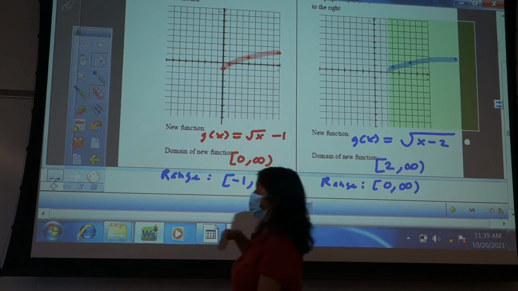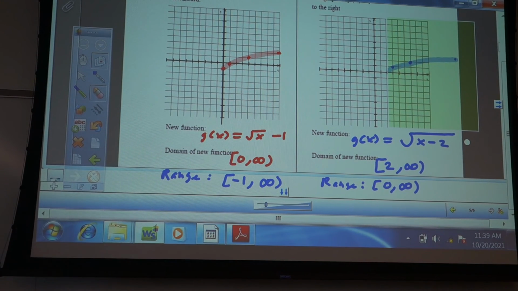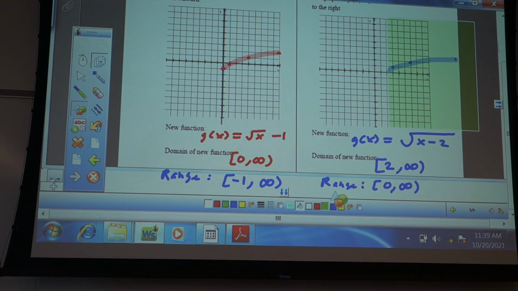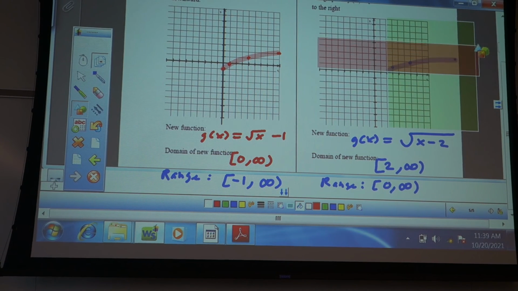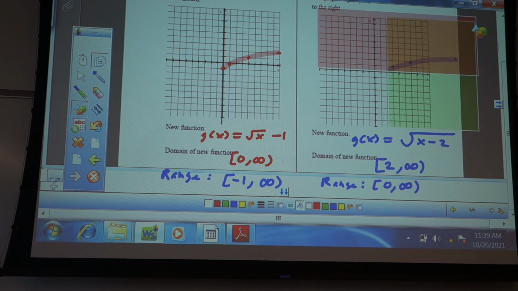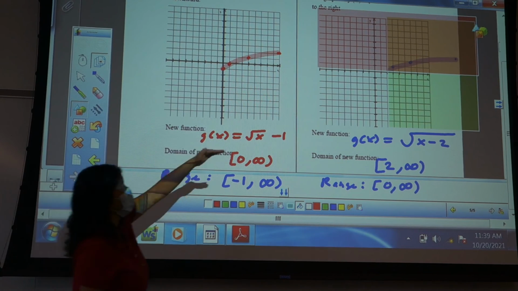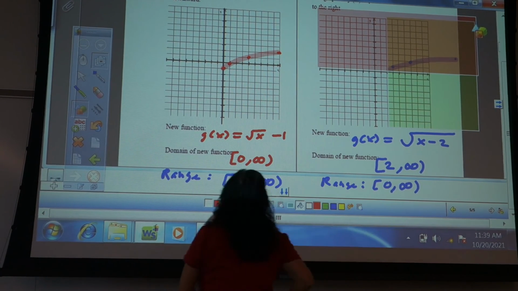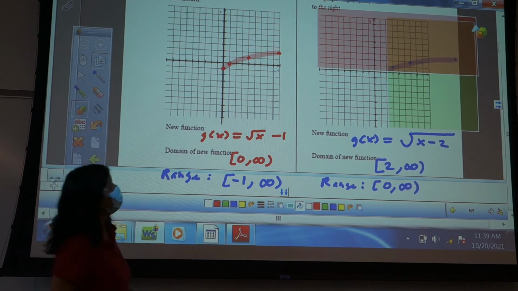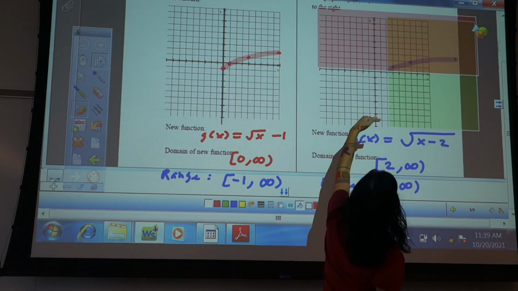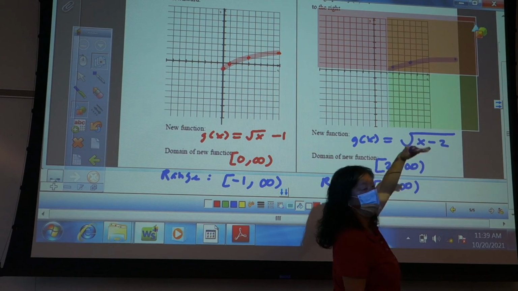And then if I'm looking at up and down, what's the furthest? You can go from here and up. It never goes below that. It can go from there and up, so it starts off at 0 and it can go up to infinity.